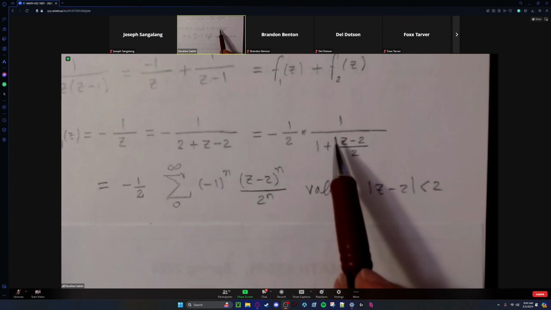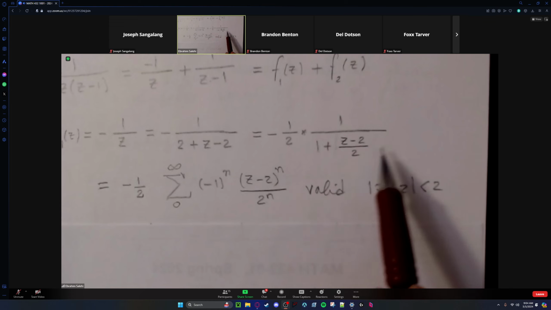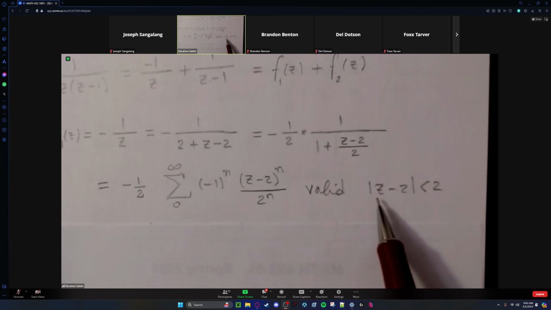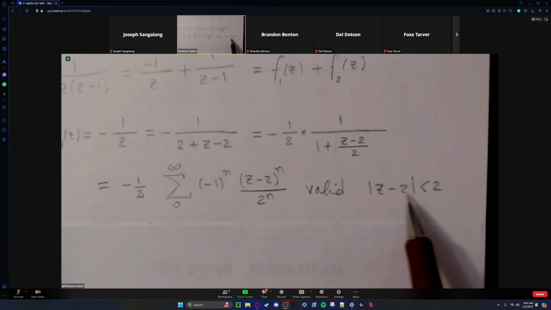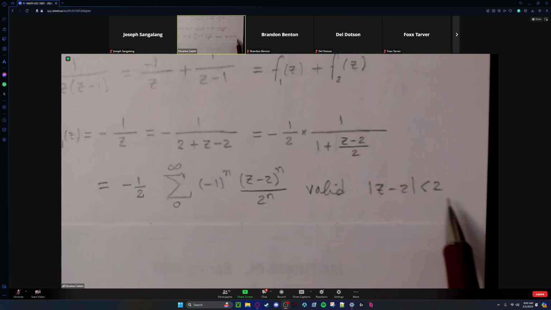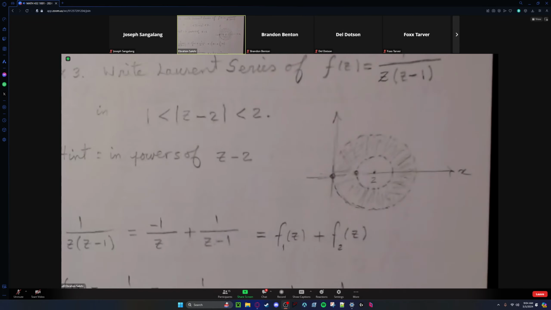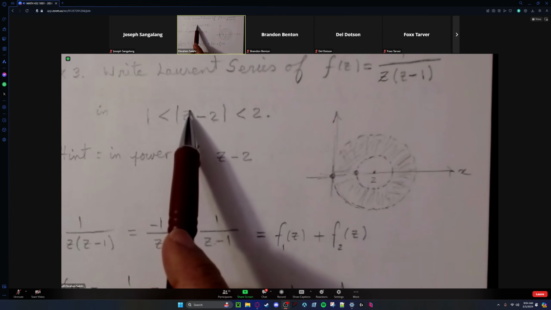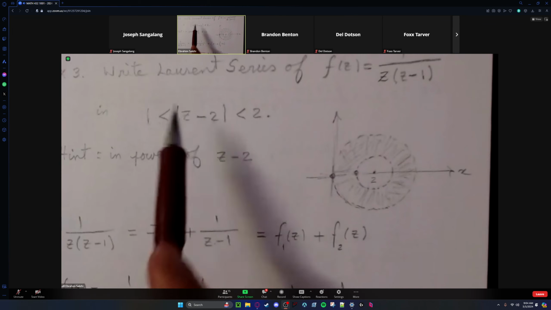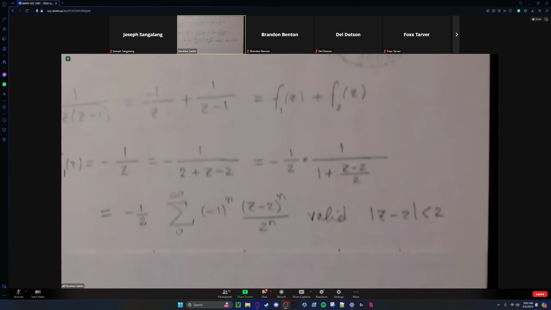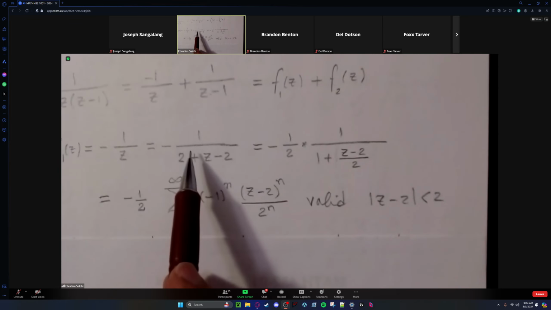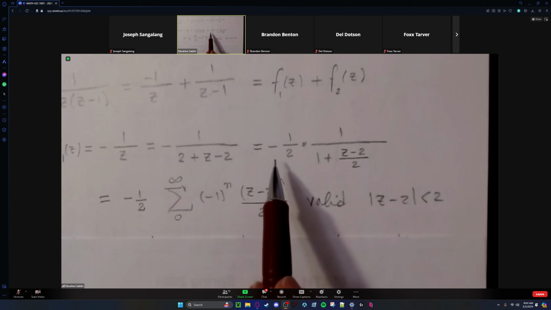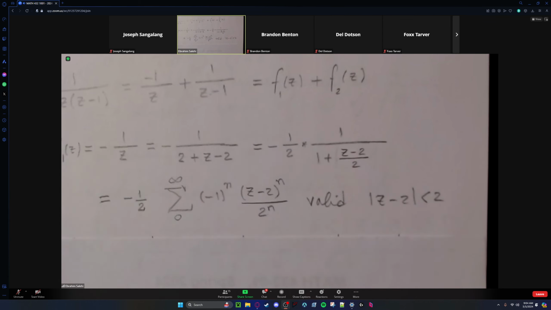And in this case, we want modulus of this to be less than 1, which means modulus of z minus 2 less than 2. And that's good, because it is right here. Modulus of z minus 2 is less than 2. So this is valid for every point inside that bigger disk, including in that washer.